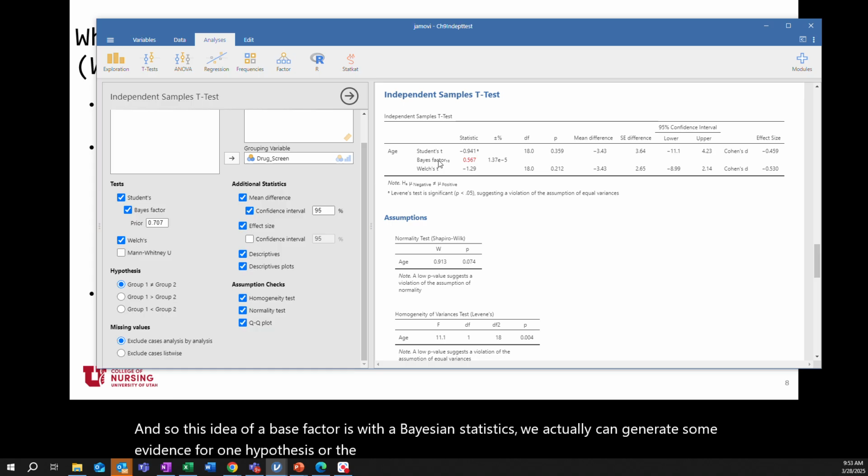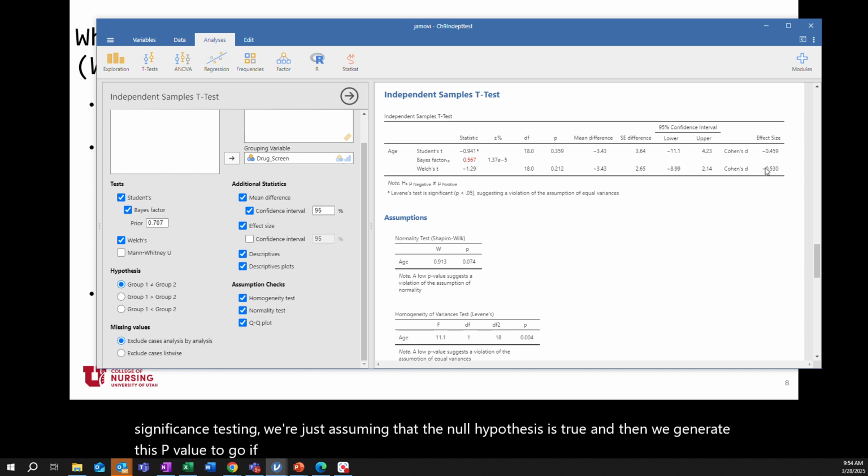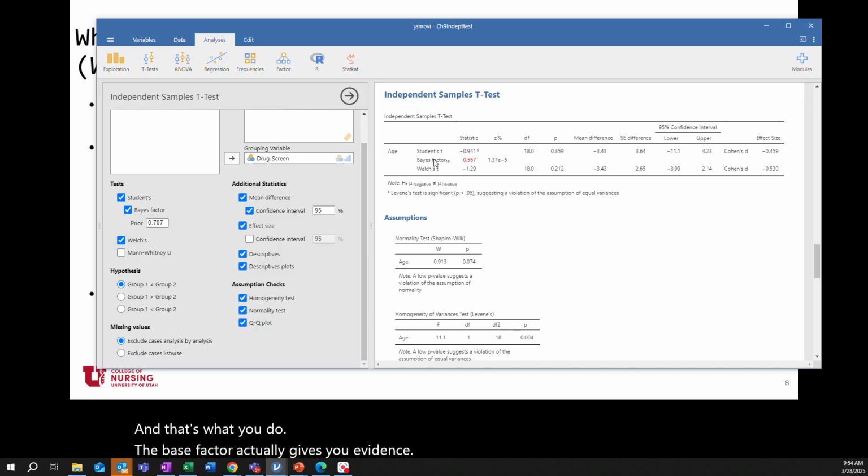And as we talked about before, in null hypothesis significance testing, we're just assuming that the null hypothesis is true, and then we generate this p-value to go, oh, if it's extreme, then maybe I should reject the null hypothesis, and that's what you do. The Bayes factor actually gives you evidence for one hypothesis or the other.